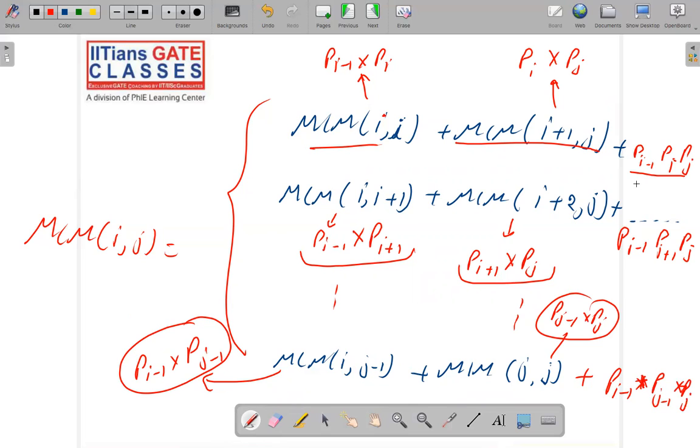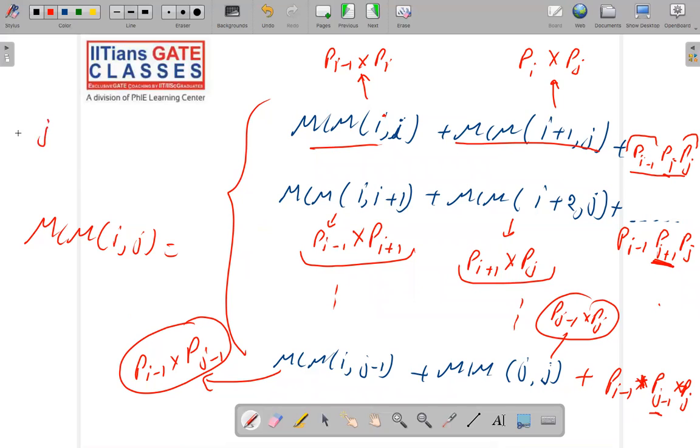Now look here: P(i-1) and Pj are fixed. Just this I plus 1 is changing. Right now it's I, then it's I plus 1, then it's J minus 1, right? So this will increase from I plus 1, I plus 2, I plus 3, I plus 4 till J minus 1.